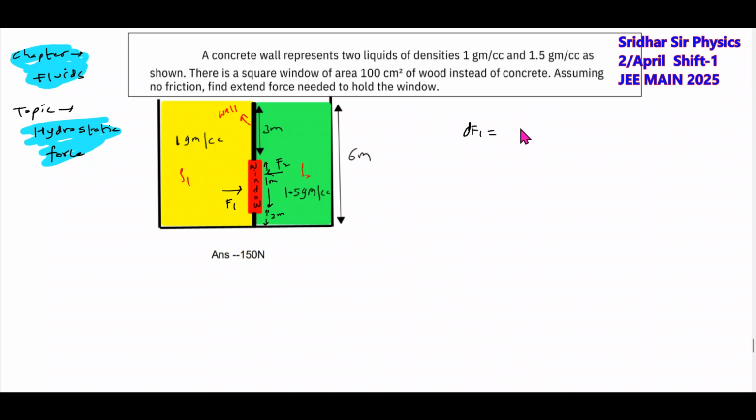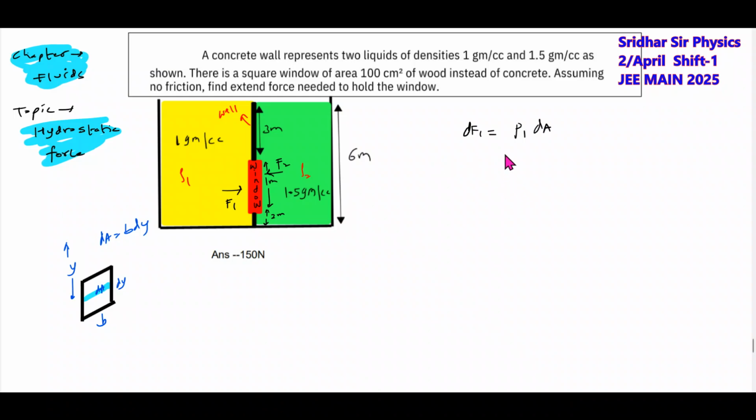dF1 should be equal to pressure P1 into area. This will be the rough diagram. We'll assume a small strip of thickness dy at a distance y, with width B. The area of this strip is dA equal to B into dy.